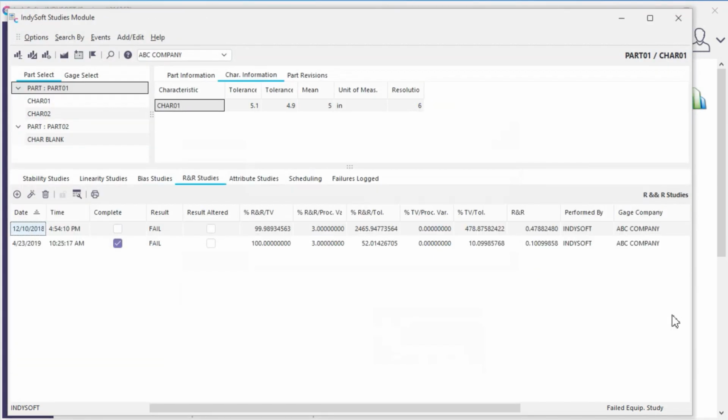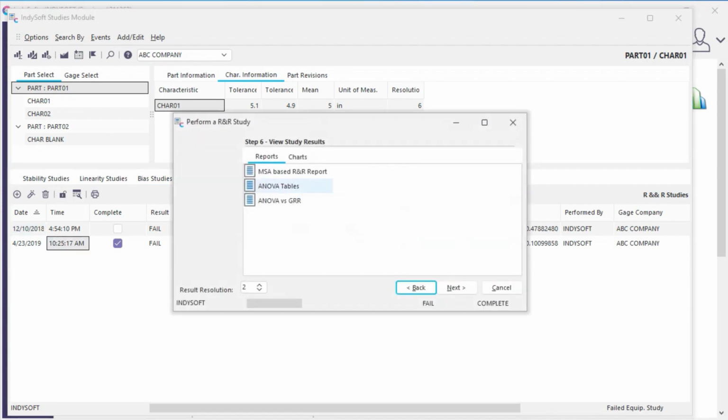The RNR study is possibly the most interesting of these. This one is an analysis of your technicians using the measurement system. There are two potential problems. One is, does the same technician perform the same over different periods of time?